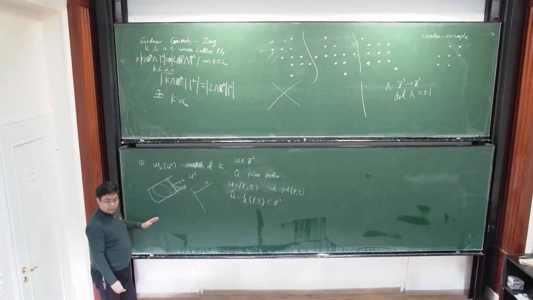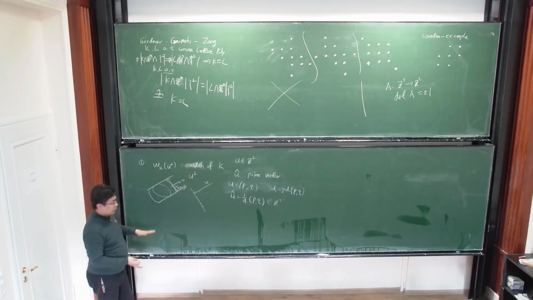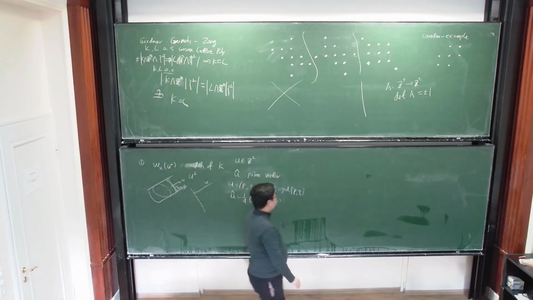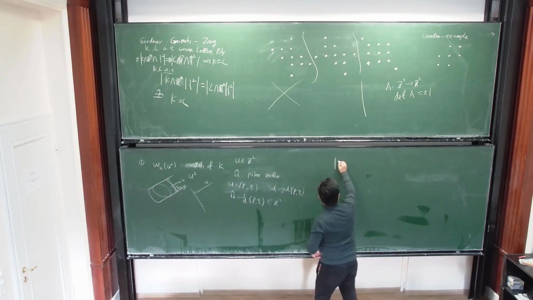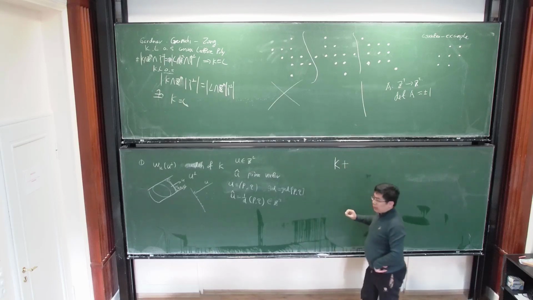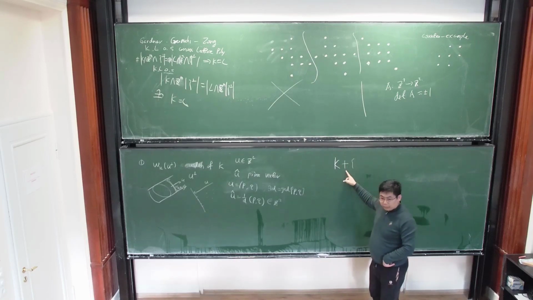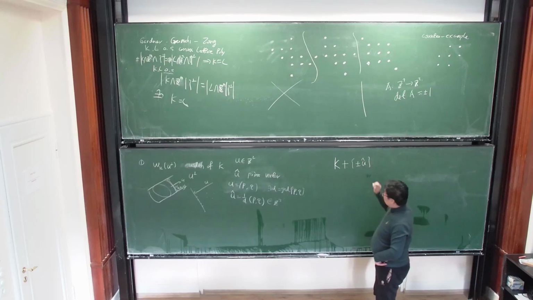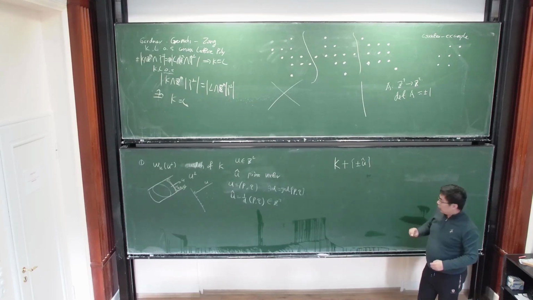And now you're adding numbers. So you consider K plus the Minkowski sum with plus or minus U hat. What does plus minus mean? This is the interval.